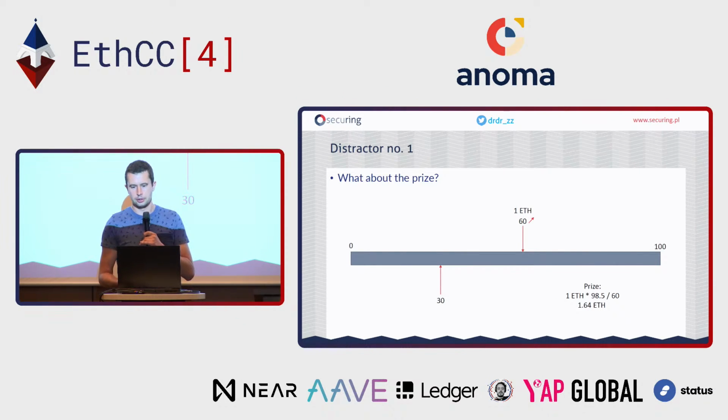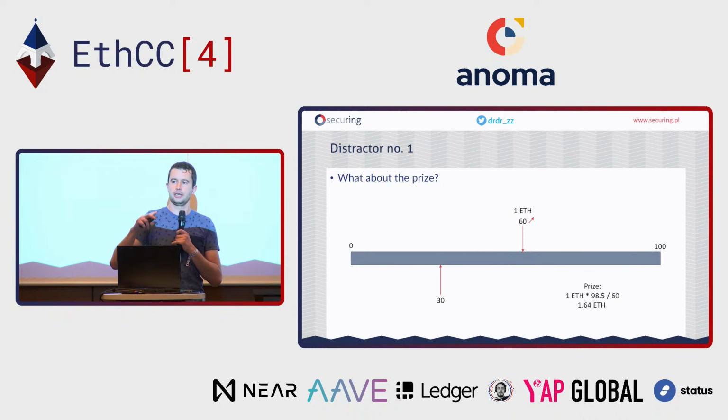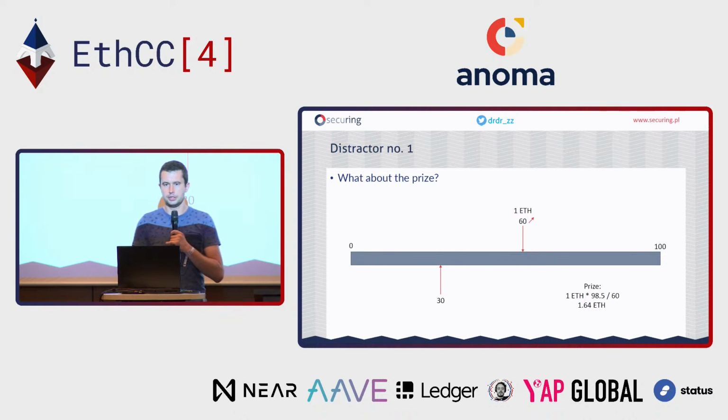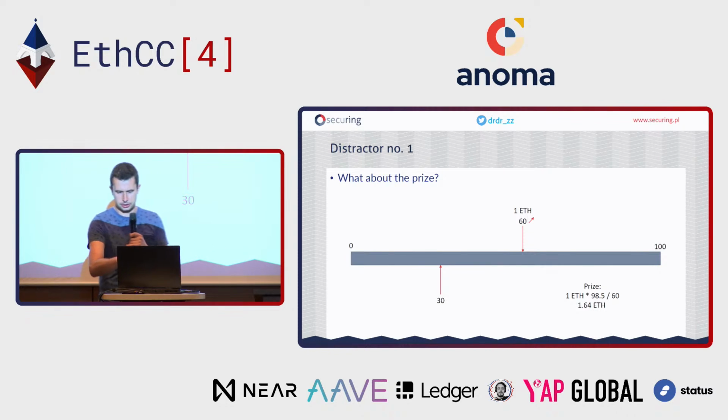You bet a number, like in this example, I bet 60, and the numbers are from 0 to 100. I bet 60, and I'm saying that my number will be higher than your random number. The random number was 30 in this example. So what they do, they take the amount that you bet, multiply it by almost 100, it's 98.5 here, and divide it by your number.